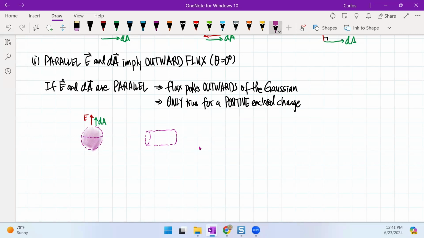We don't care about the endpoints right now. And again, we have to worry about the edges, so we're not paying attention to the edges. So if I look at the curved walls, then I have an electric field that does this.